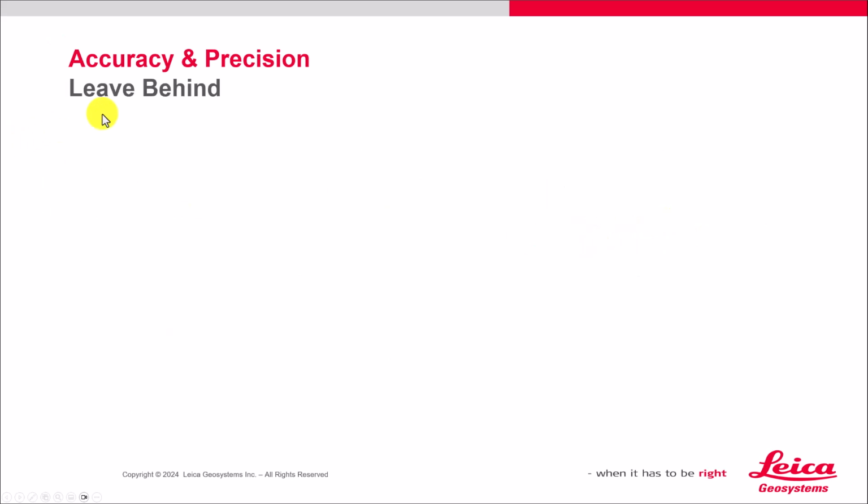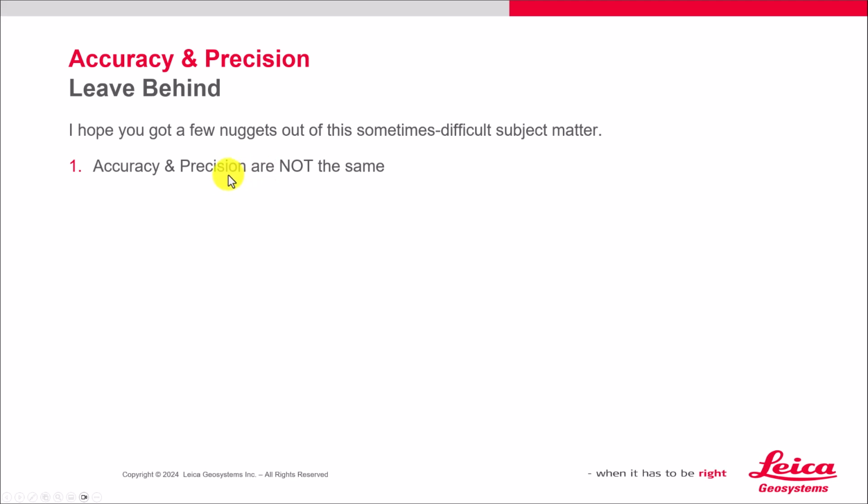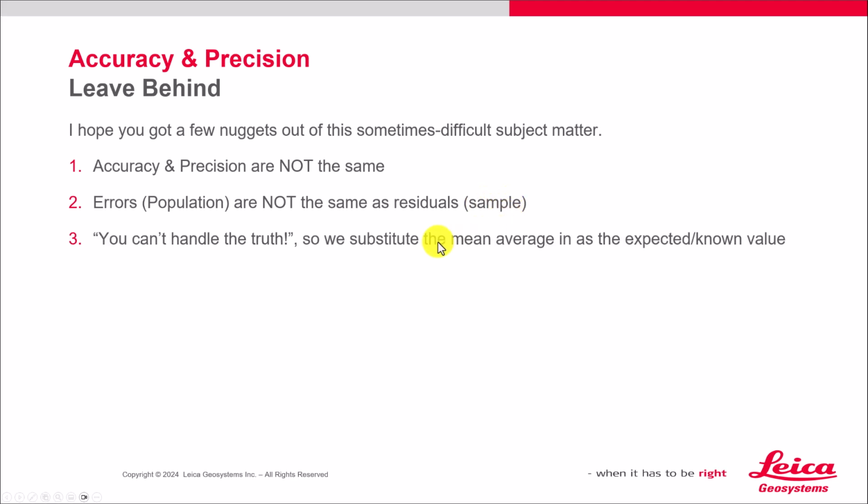So the leave-behinds for this presentation, of course, I hope you got a few nuggets out of this sometimes difficult subject matter. Accuracy and precision is kind of a difficult topic, but accuracy and precision are not the same thing. Errors are with populations and are not the same as residuals, which are involved in a sample. And of course, you can't handle the truth.